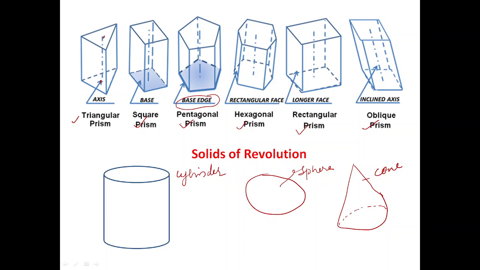So why are they called solids of revolution? If you observe the axis, let us take a cylinder. So what is the shape of a cylinder in front view?